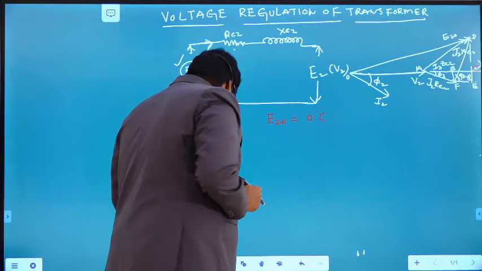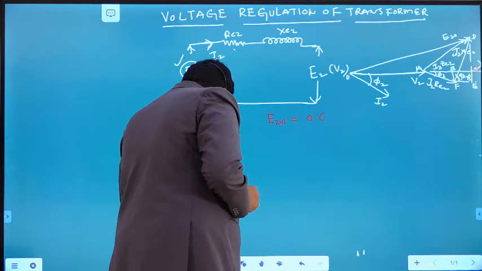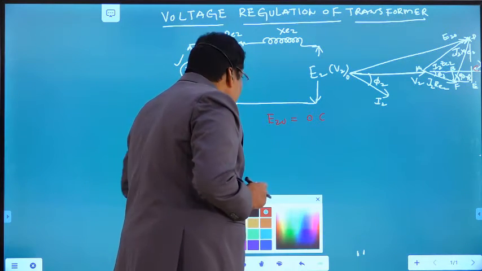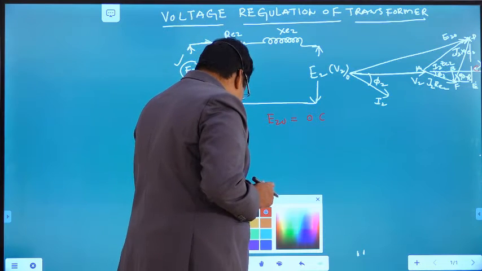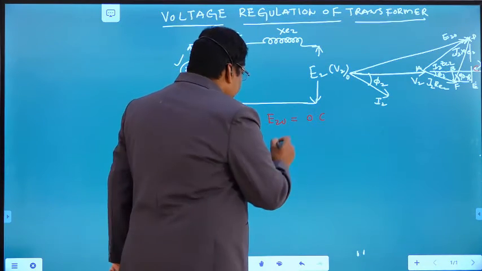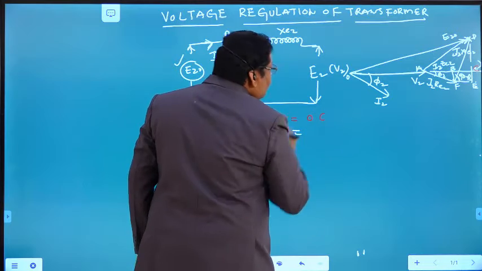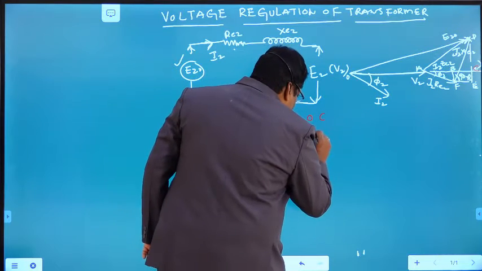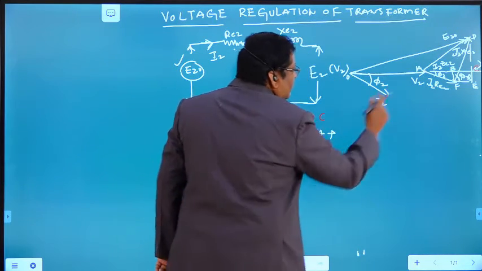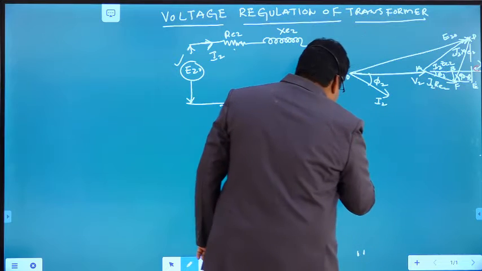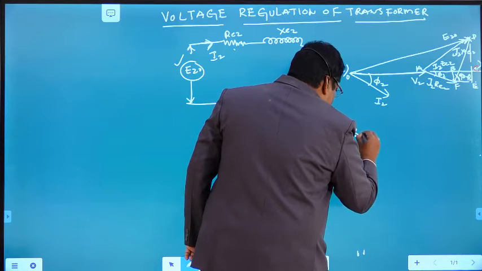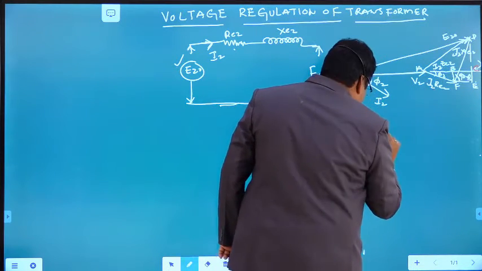The length OC we can write as OA plus AB plus BC.